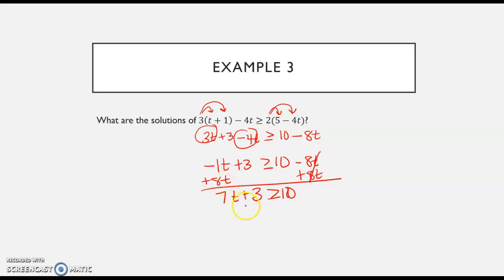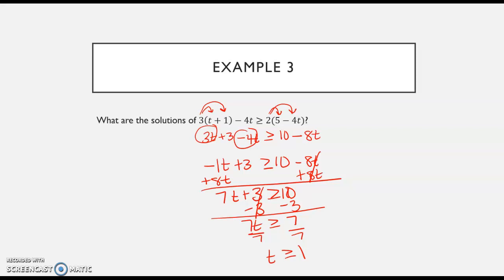Now I have a two-step equation, so to zero out and isolate that t, I'm going to subtract 3 from both sides. So now I have 7t is greater than or equal to 7, divide by 7, and t should be greater than or equal to 1. And then if I plug 1 in, I should end up with the same answer on both the left and the right.